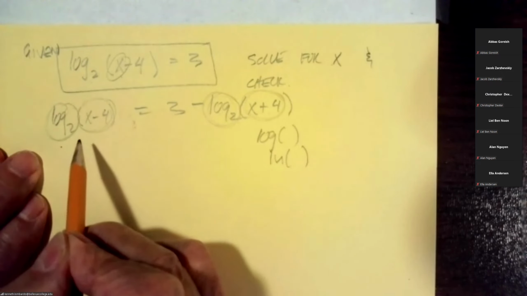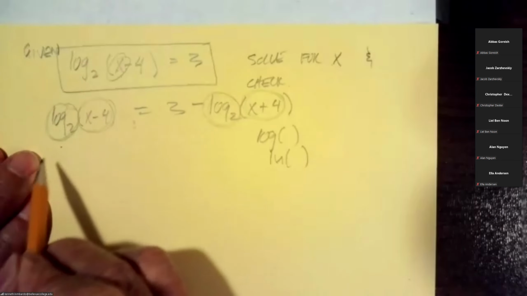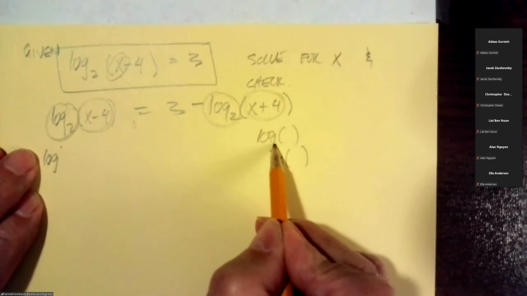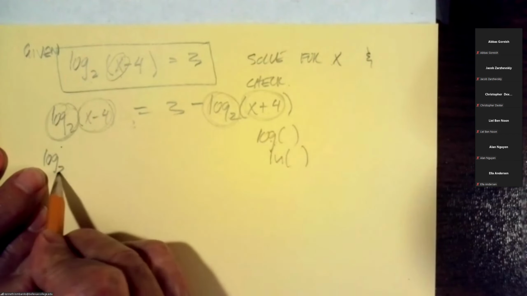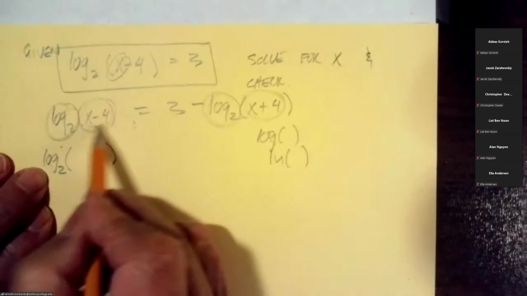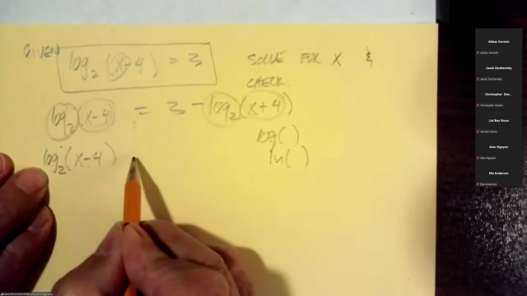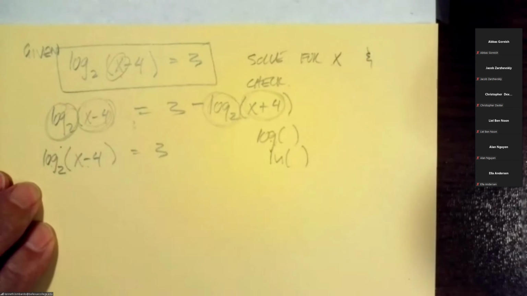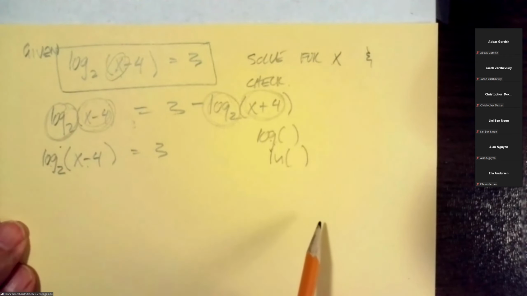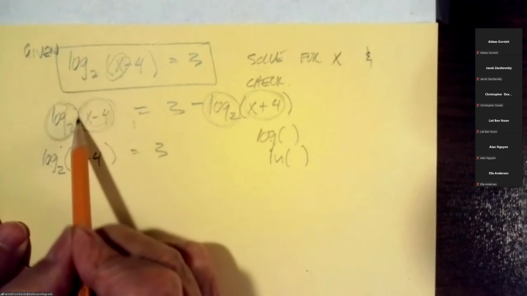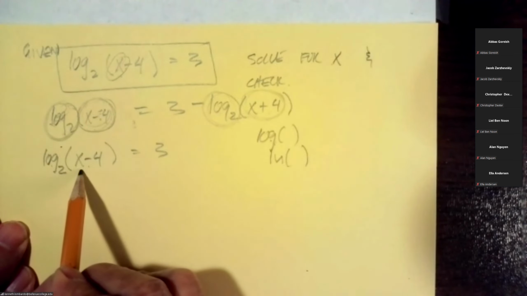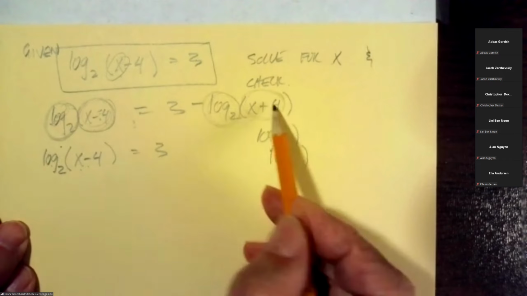This is a function. Log, if I don't put anything, it's base 10, but this says log base 2. That function operates on something, in this case on x minus 4, and we're saying that's equal to 3. That was a good learning point. This is not a multiply, it's a function.